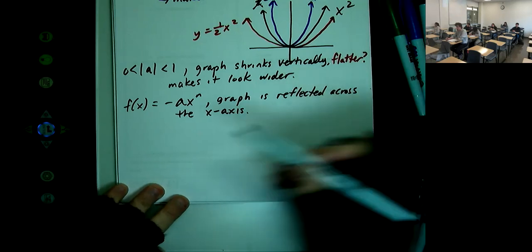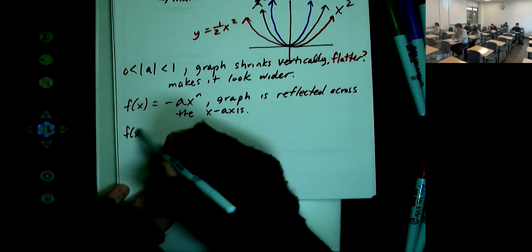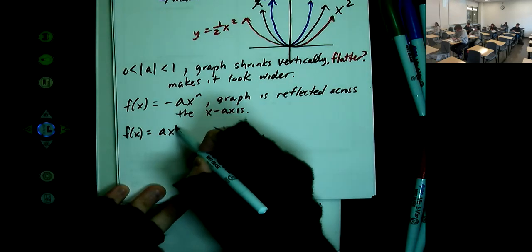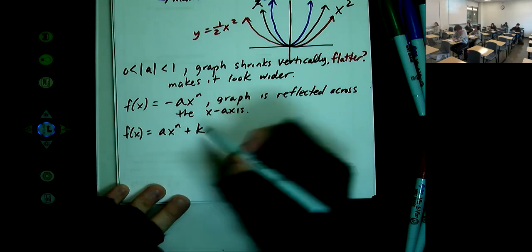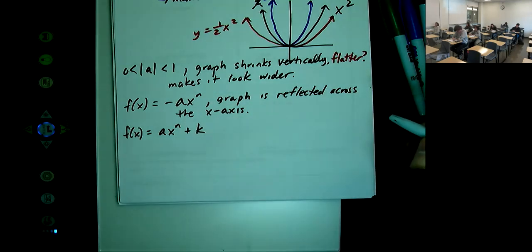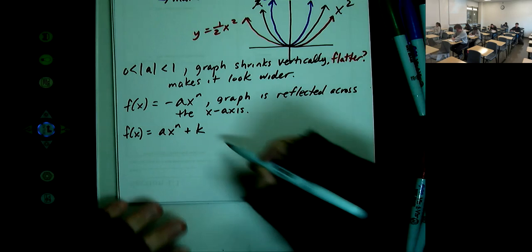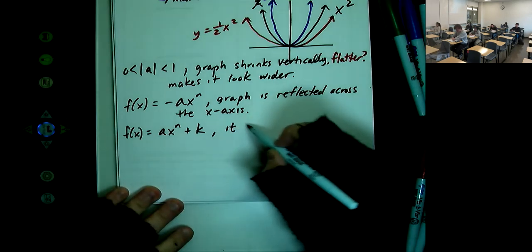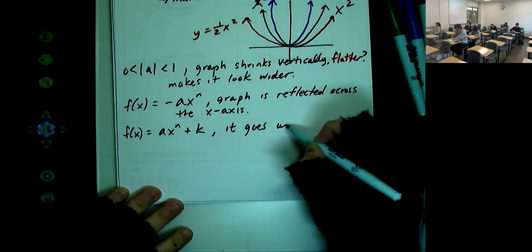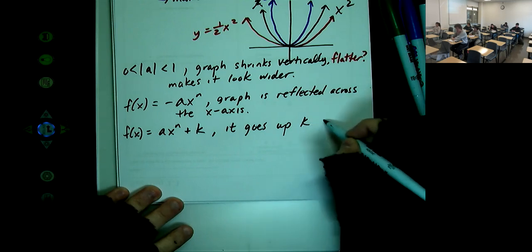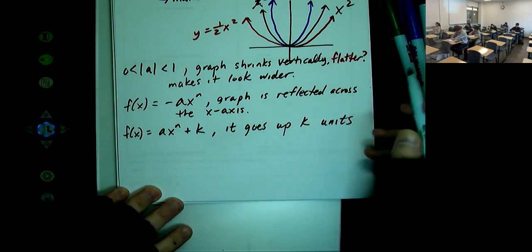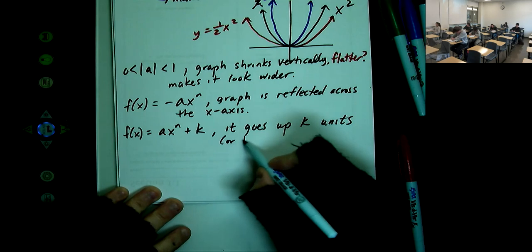If we have something added to it, we're bringing our h and k into it, like we had with circles. It goes up k, or down if k is negative.